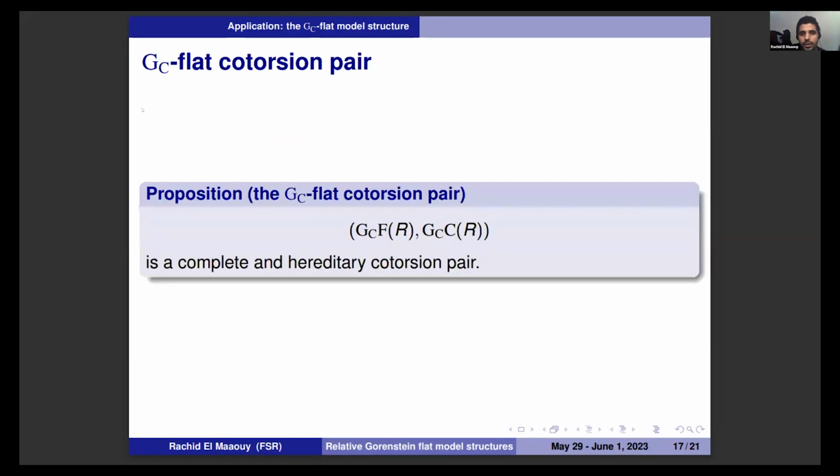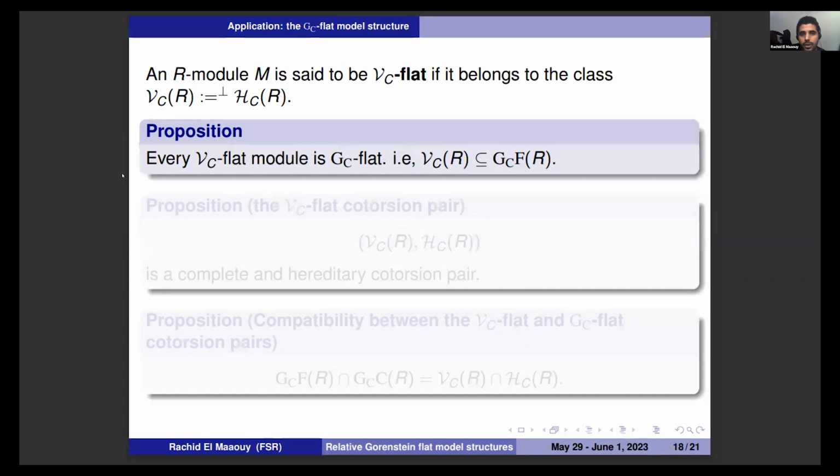First, we have the main result, stating that the class of GC flat modules is the left-hand side of a complete and hereditary cotorsion pair. For what is related to the class R, we need only to recall one concept, which is the relative flat. We define a module to be relative flat if it is right orthogonal to all relative cotorsion modules, and we use this notation to denote the class of such modules.